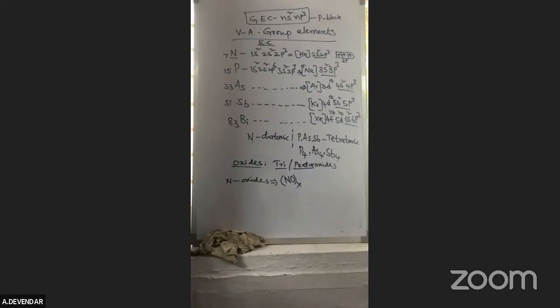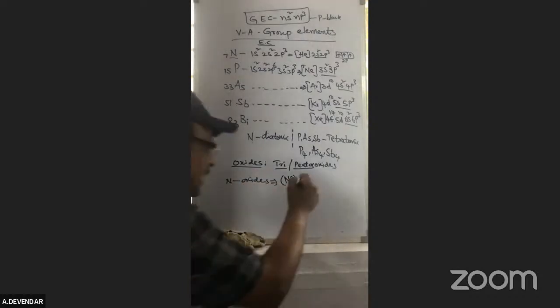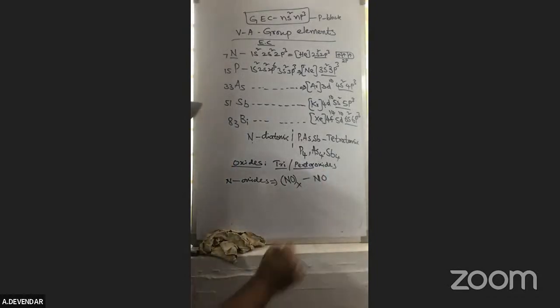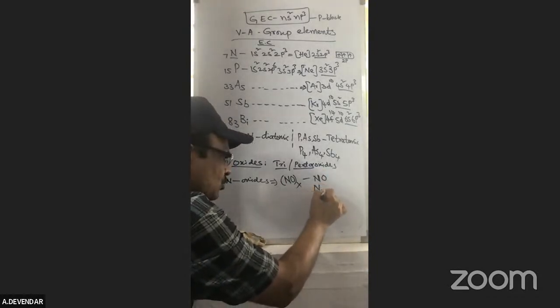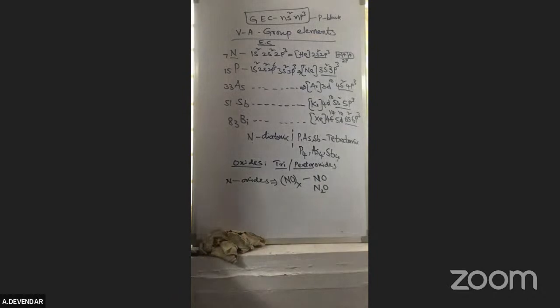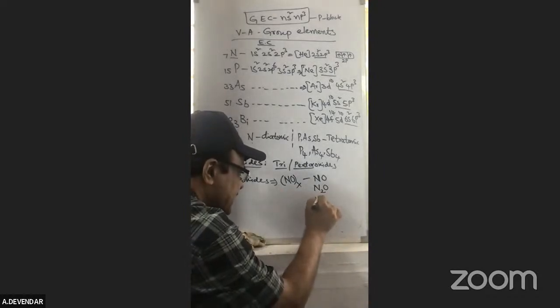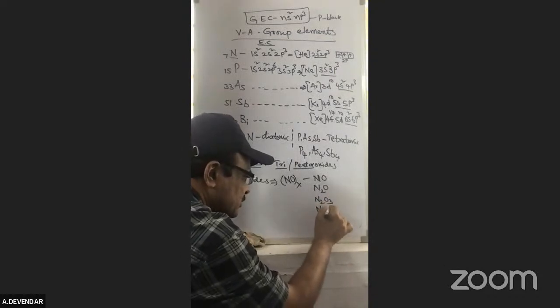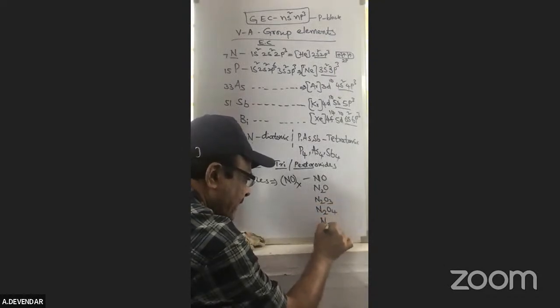forming different oxides. The oxides of nitrogen are nitric oxide, NO, and nitrous oxide, N2O. Friends, remember these oxides of nitrogen: nitrous oxide, nitric oxide, nitrogen trioxide N2O3, nitrogen dioxide, nitrogen tetroxide, and nitrogen pentoxide.